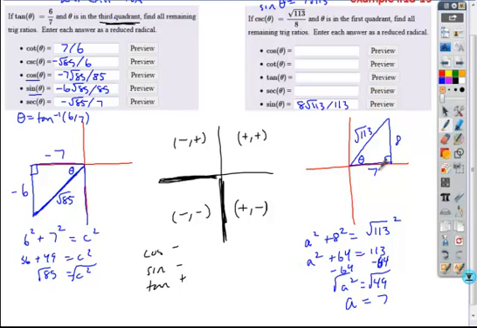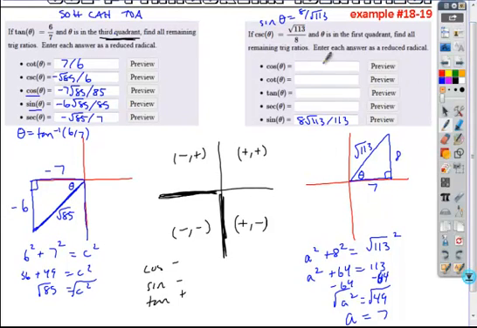So when I set this up here, I know my x coordinate is positive, my y coordinate also positive. And so when I work to solve this, I'll get my solutions here. When I plug those in, my cosine is adjacent over hypotenuse, so I'm going to rationalize. So 7 root 113 over 113.